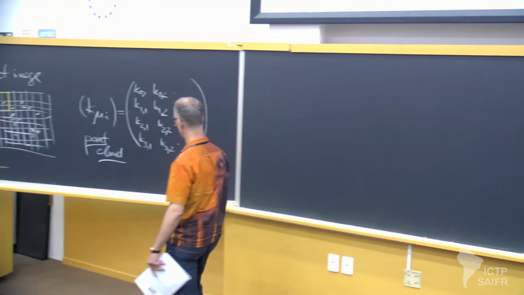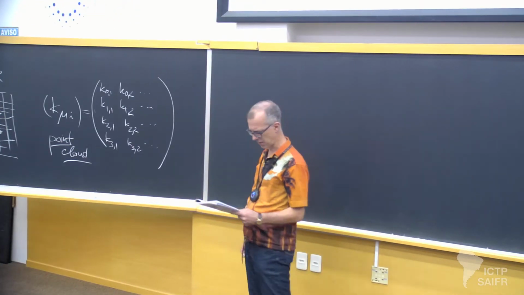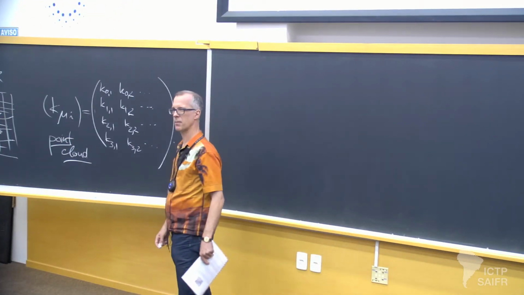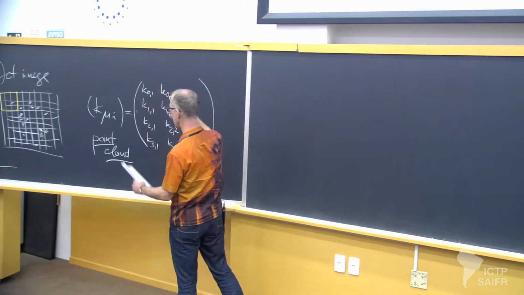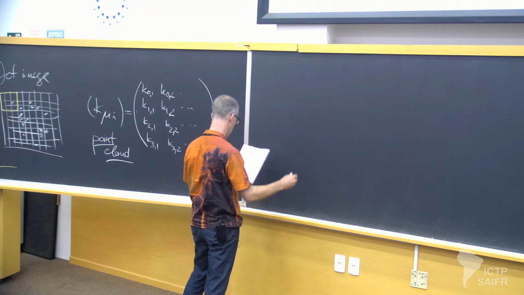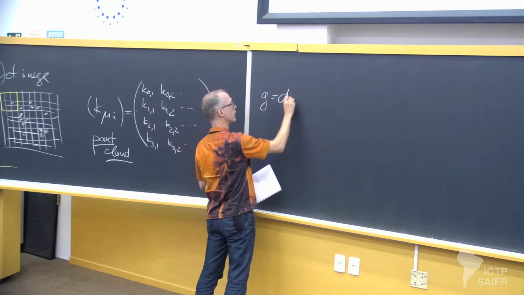So for this point cloud, in some appropriate representation, I know what the metric is. The metric that allows me to combine these four-vectors and make a statement about quarks and gluons versus tops has roughly this form.